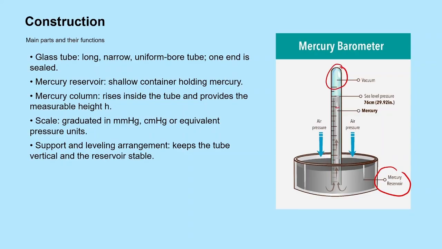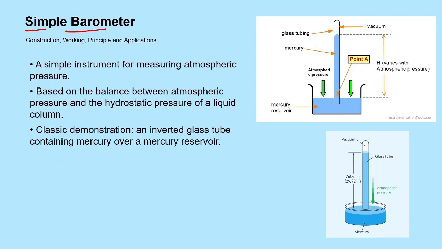And in this portion there is a vacuum, at sea level pressure it is 76 centimeter. So this diagram you can draw in the examination. This is the mercury reservoir, and this is the tube where mercury is going upside and atmospheric pressure is acting downward.